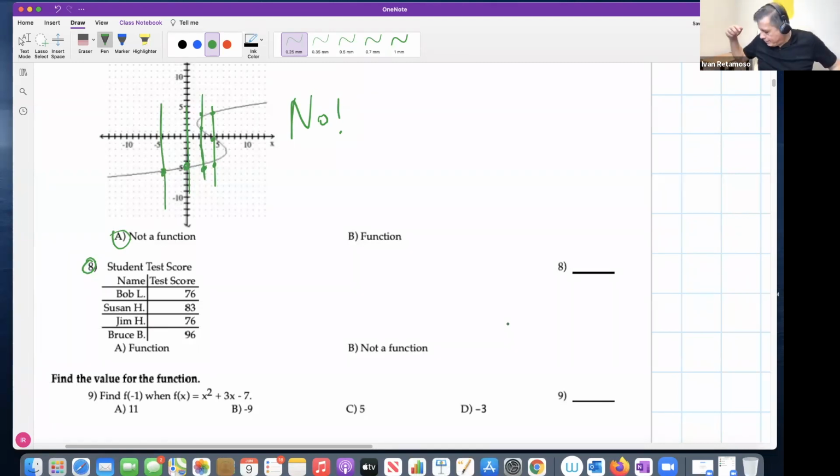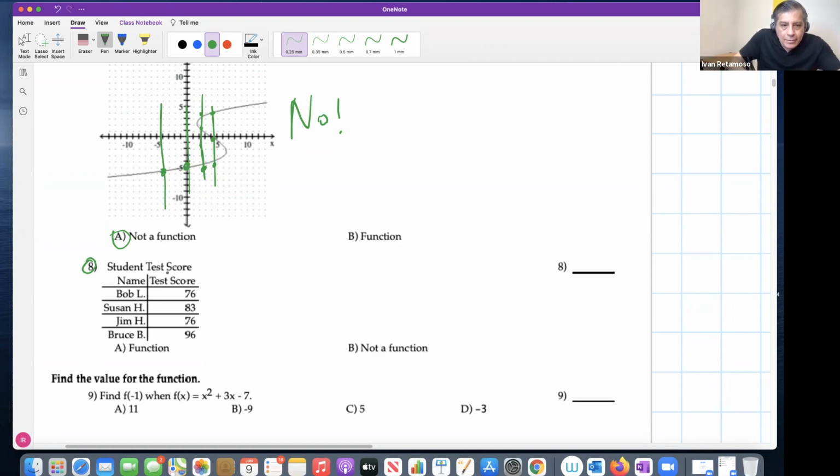Tell me if this is a function or not. Very good, guys.